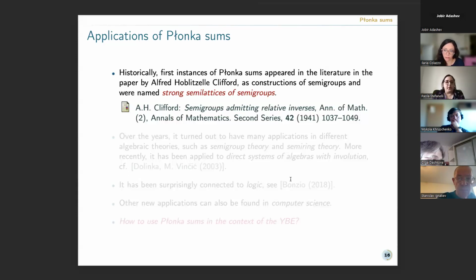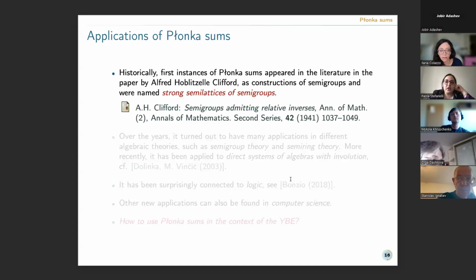I want to focus on some applications of Płonka sums of algebras, and I'd like to mention that historically, the first instances of Płonka sums appeared in the literature in a paper of Alfred Clifford, this paper of 1941, so more or less 20 years earlier than the first Płonka papers on Płonka sums.